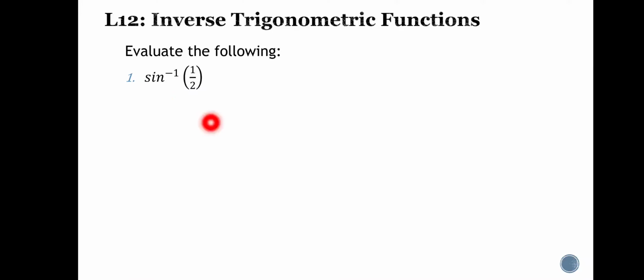So basically, arcsine 1/2 is telling us which angle will give a value of 1/2 when you get the sine. So again, this is the reverse process.